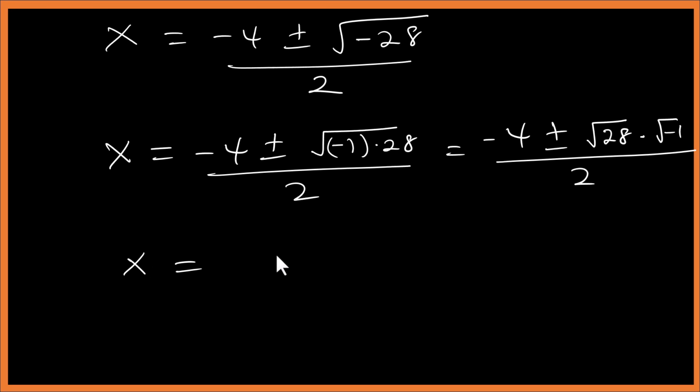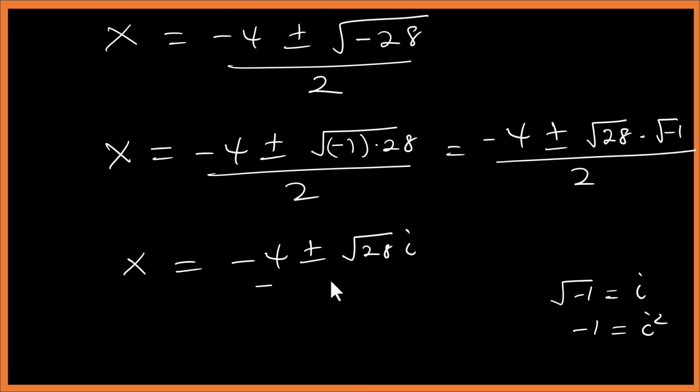Now from complex numbers, square root of minus 1 is the same as i, and minus 1 is the same as i squared. So we have minus 4 plus or minus square root of 28 i, on 2. So it means that we have two answers here.